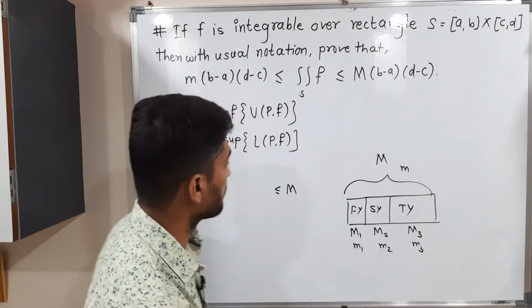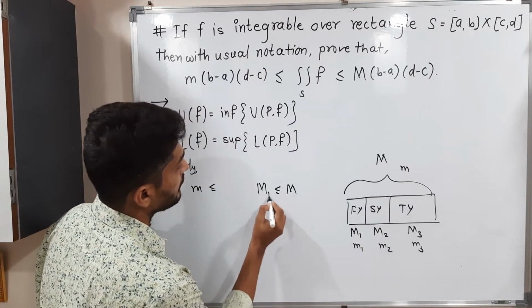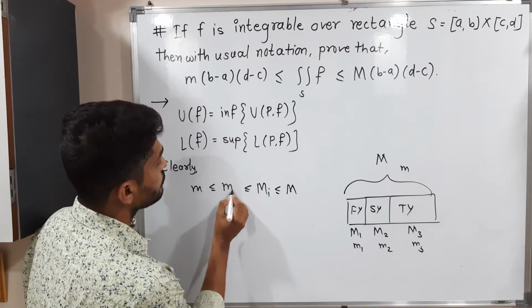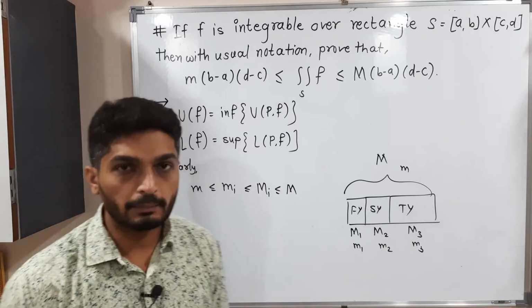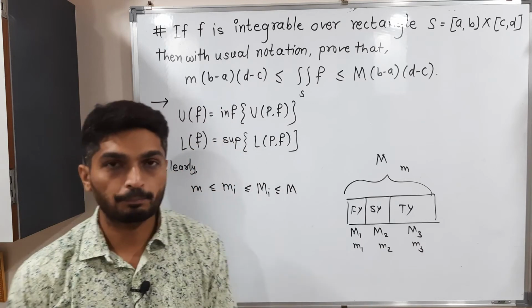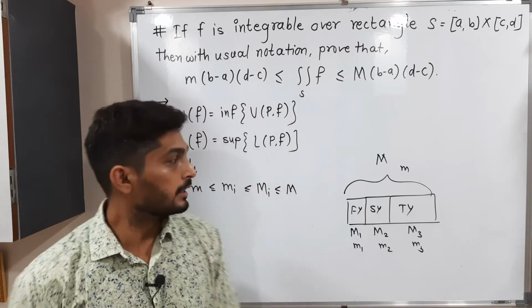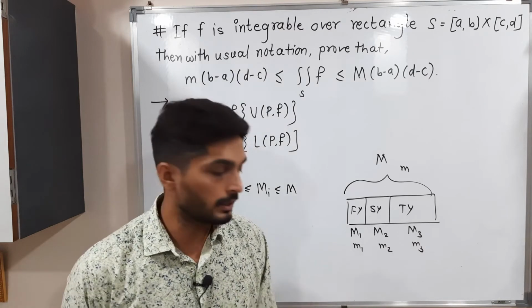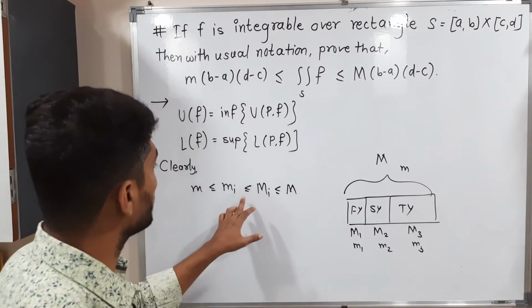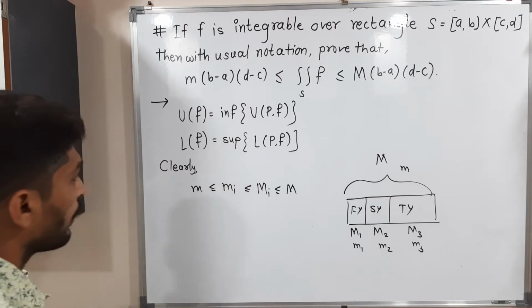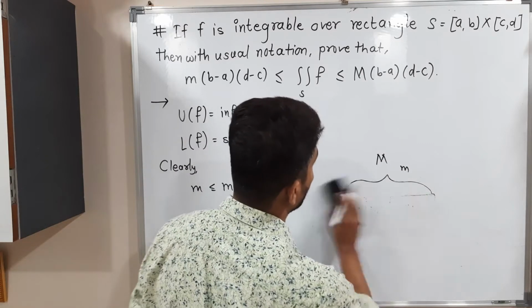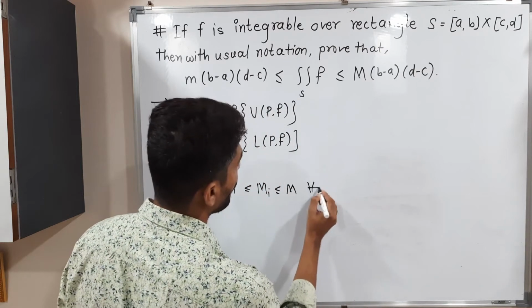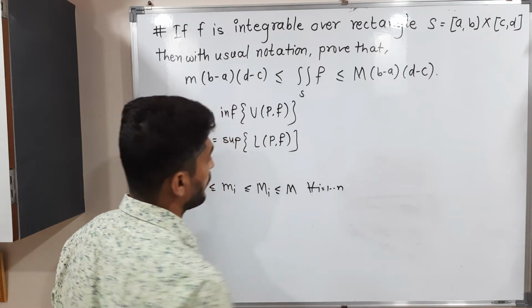Obviously capital Mi is less than or equal to capital M, but it is greater than or equal to small mi. This is true for each i. Equality is also possible, so that's why I've written less than or equal to. Now I will remove this example. And this is true for all i running from 1 to n.